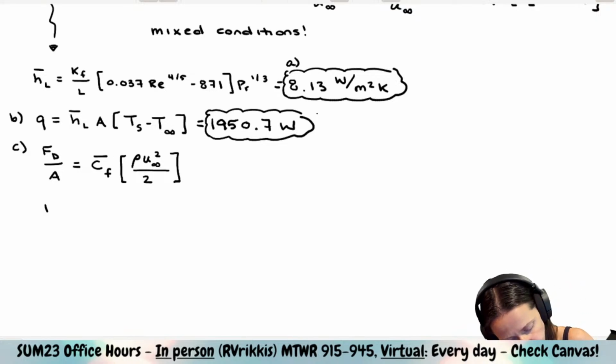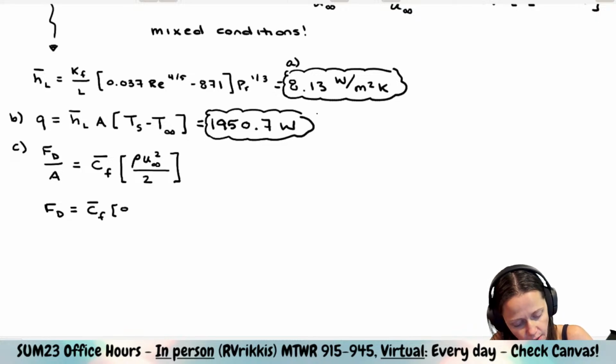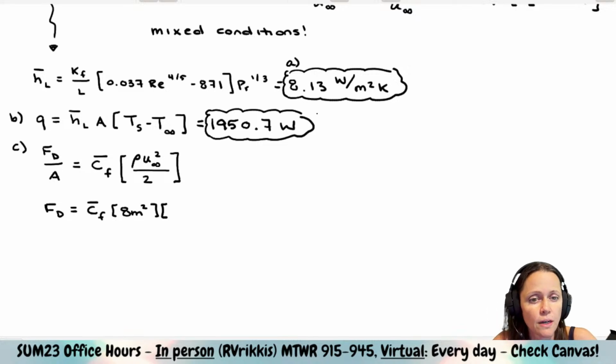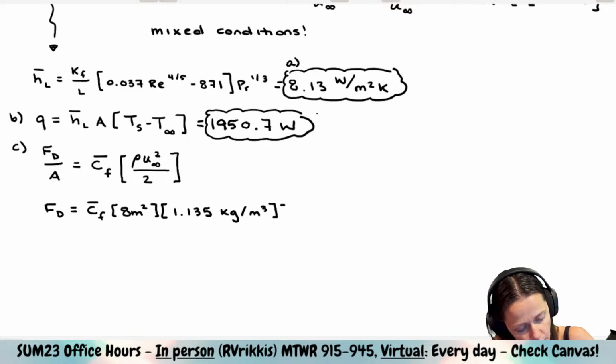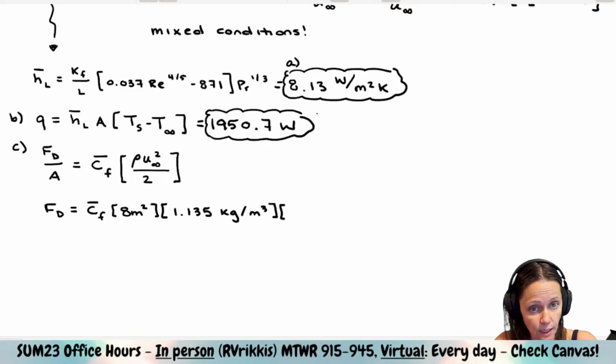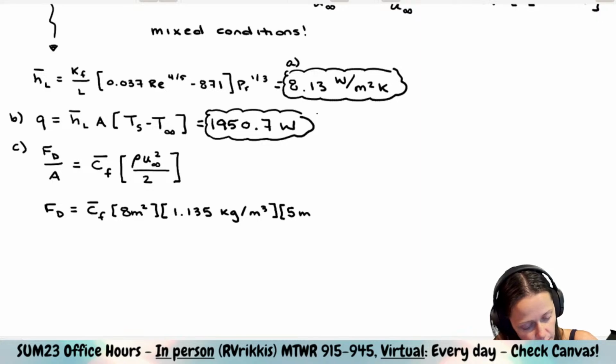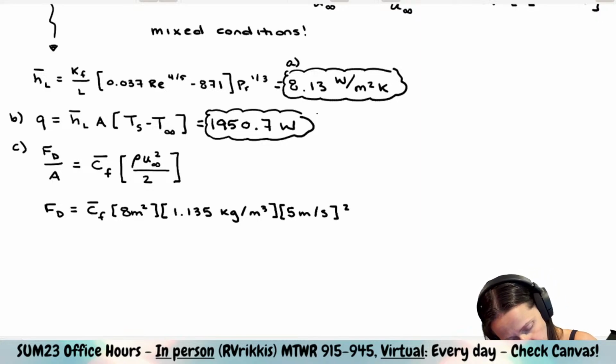So this is going to be the average friction coefficient times the area, which again is 8 meters squared, times rho. My rho is 1.135 kilograms per meter cubed. And then I've got a U infinity, which was 5 meters per second. This has got to be squared, and then I'm dividing all of this by 2.